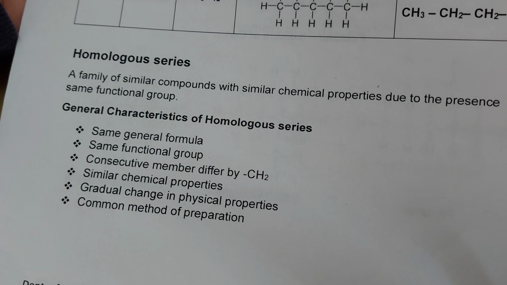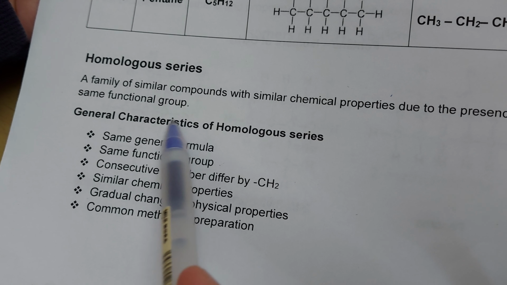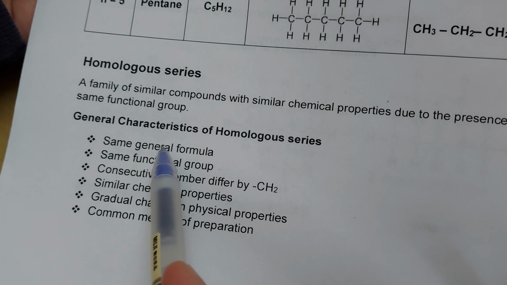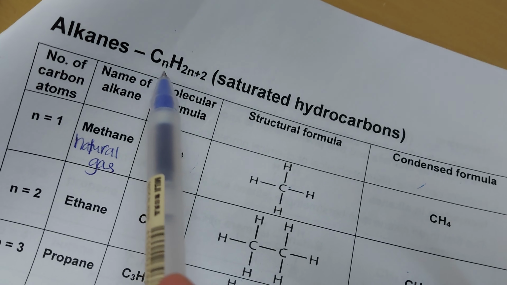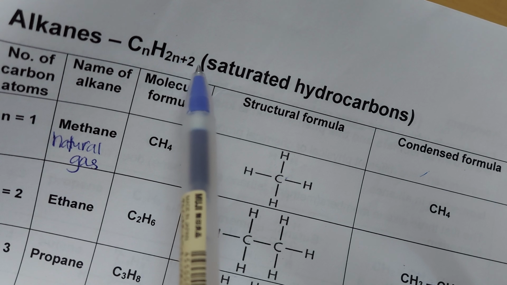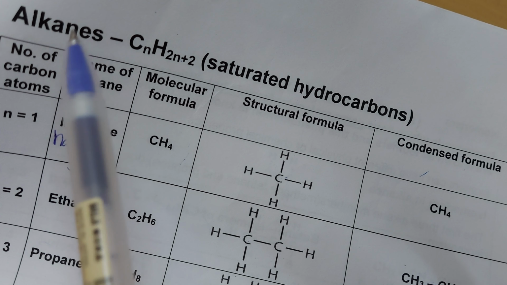Now, what you need to know about every homologous series is that they share general characteristics, and these characteristics include the same general formula. For example, alkanes have the general formula CnH2n+2, where n is the number of carbon atoms in the compound.